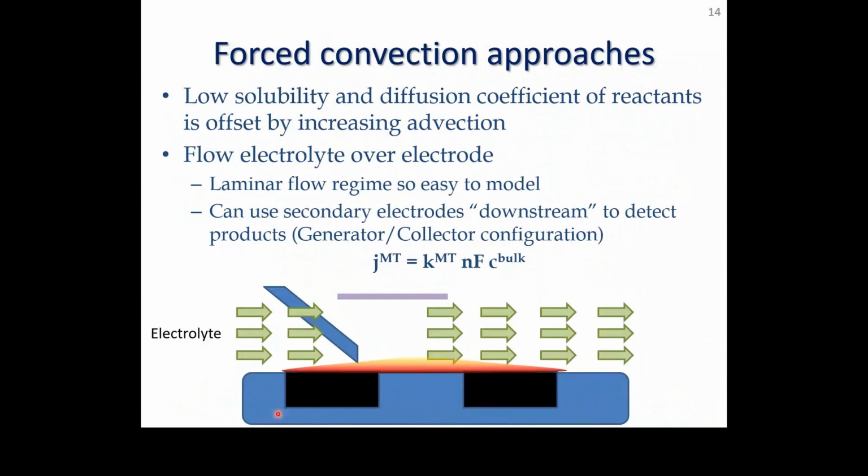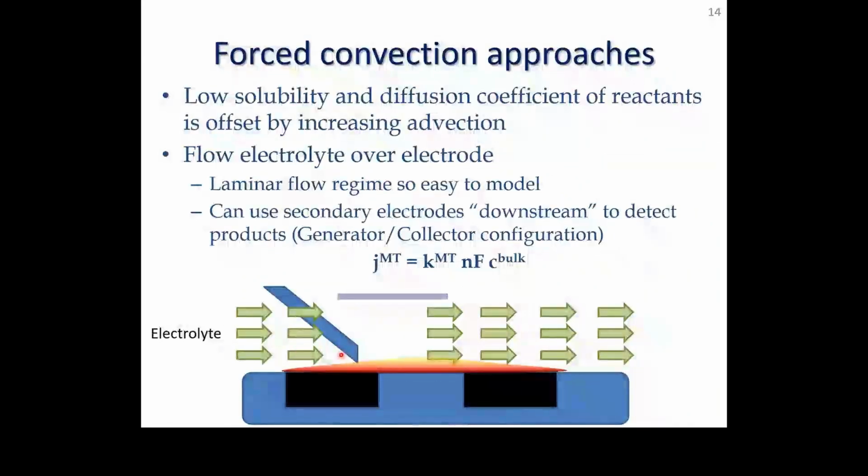The other approach that you can use to try and increase your mass transport rate constant is the so-called forced convection approach. In forced convection approaches, you stream the electrolyte over the electrode surface, and you increase the amount of mass transport to that surface through the fact that the electrolyte is being transported over the surface.